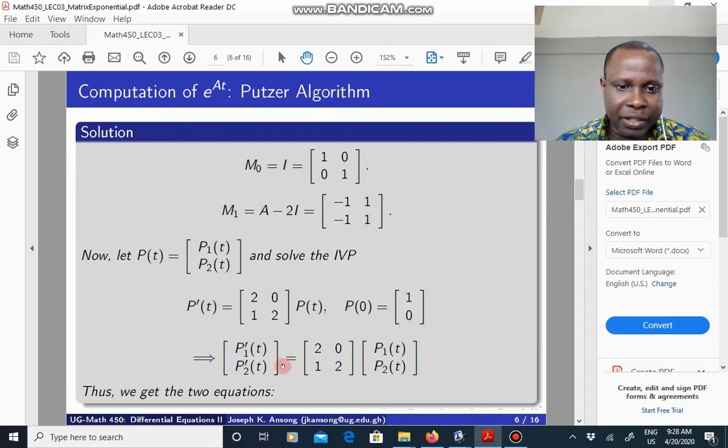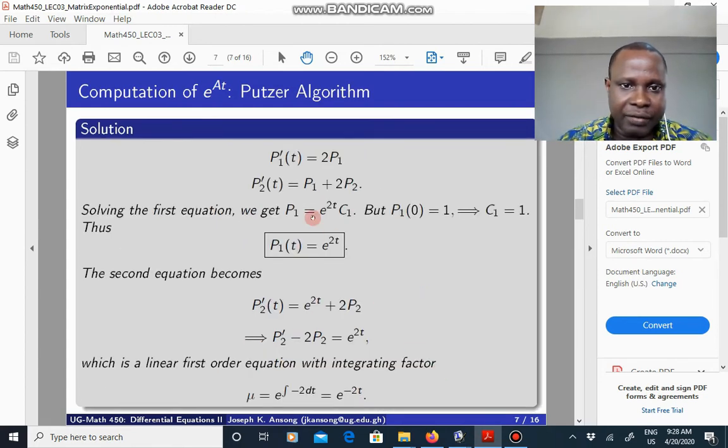This equation gives us two initial value problems. P1 prime is 2 times P1, and P2 prime is P1 plus 2P2. These are two initial value problems which you have to solve sequentially. Solve this one first, that gives you P1, then you plug P1 into this and solve for P2.